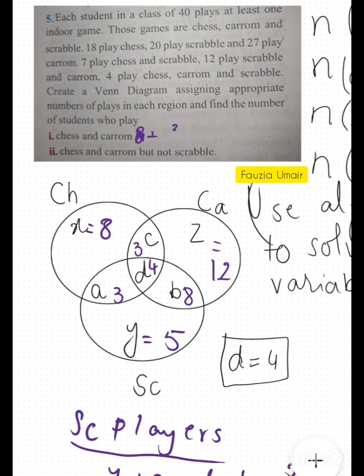Chess and carom we are talking about. So 3 plus 4, so 7 students. There are 7 students who can play carom and chess both.